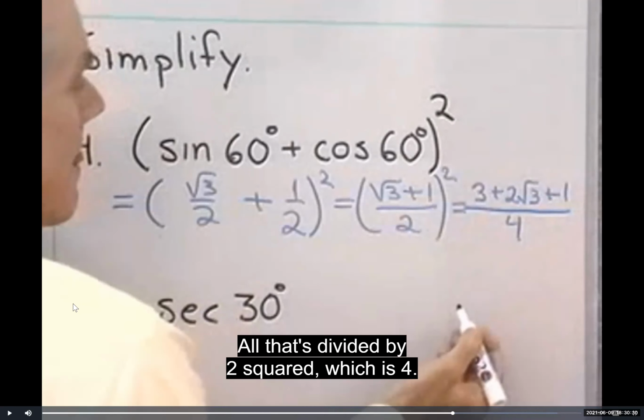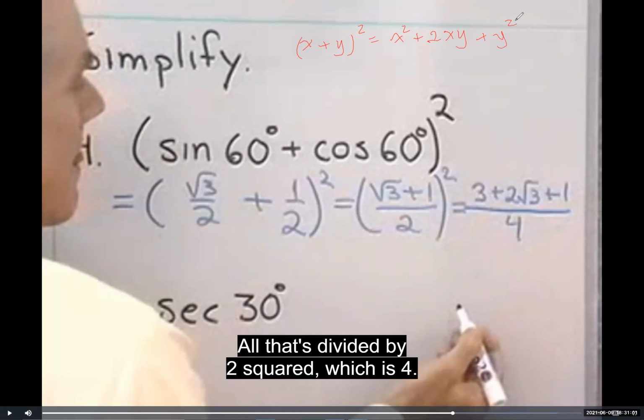So for number 4, I would like to remind you of the algebra formula like this. If you have, for example, x plus y, x plus y, everything squared, that would become x squared plus 2xy plus y squared.